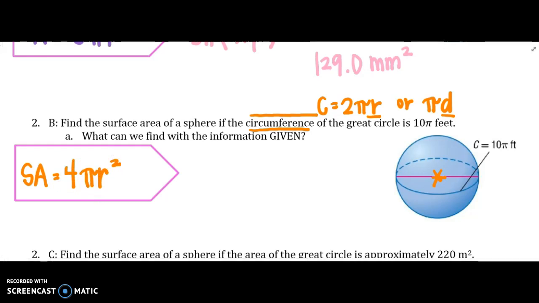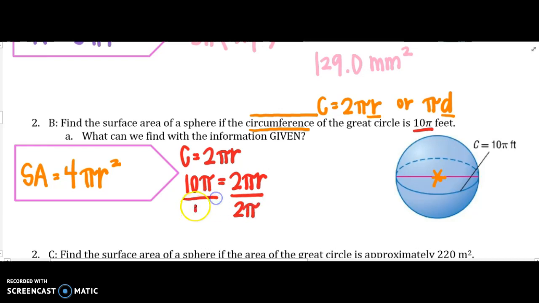Starting out, my circumference is 2 pi r. I'm going to solve for my radius, so 10 pi equals 2 pi r. I'm going to divide both sides by 2 pi. You can divide by pi if you want to. My pi's cancel. 10 divided by 2, so my radius becomes 5.